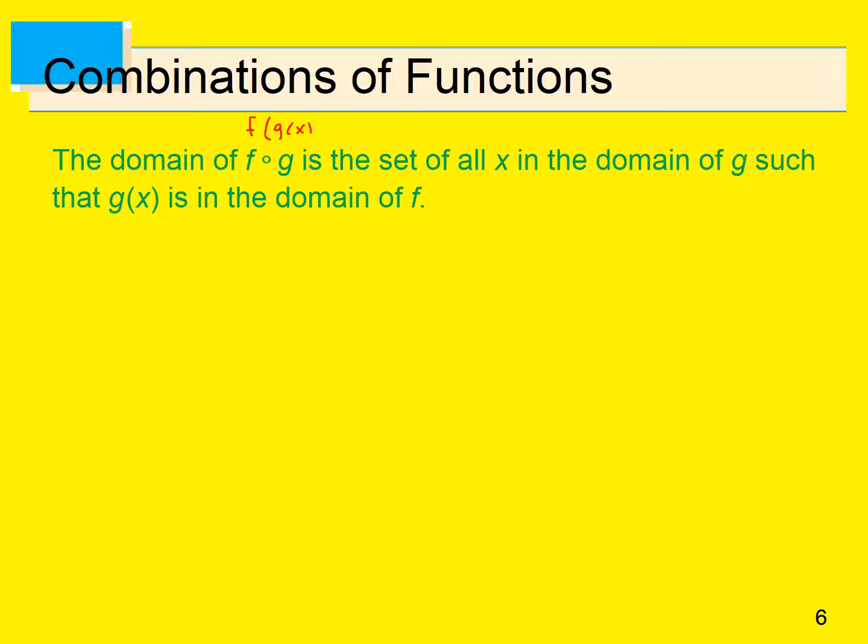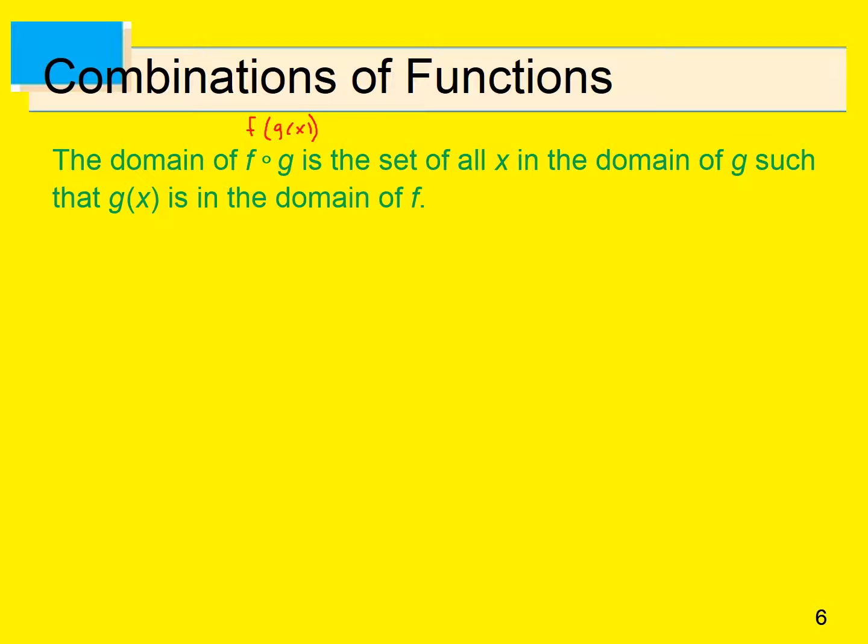And what if x were not in the domain of g? Then we couldn't even think about running the value through g and running the result through f. That particular value of x would be a non-starter. But then once you do that, the output, g of x, has to be in the domain of f. So it has to clear two hurdles.